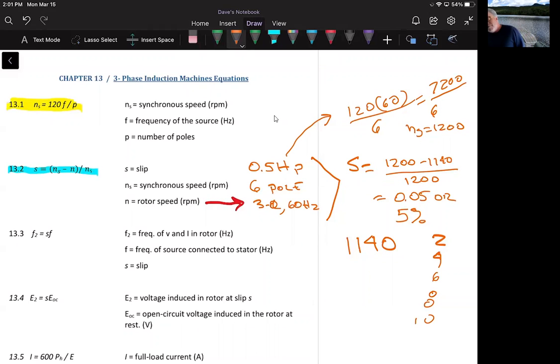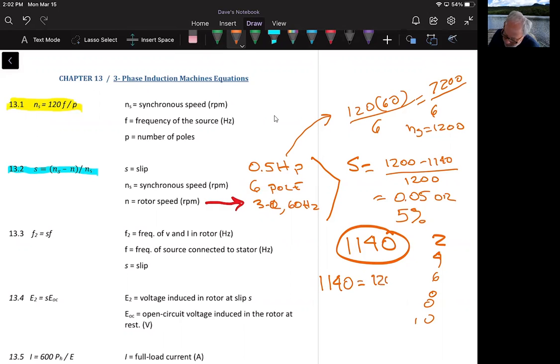So if I'm given 1140, and I know that the slip is always going to be a small number, 5% is sort of a normal value for a motor slip. So if I'm told that it's like 1140, then what you could do is take your 1140 and plug that into your formula for synchronous speed, right?